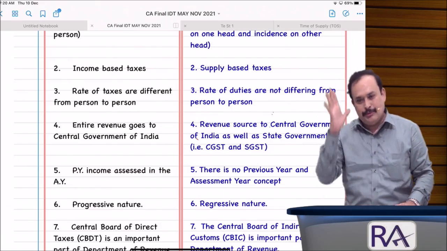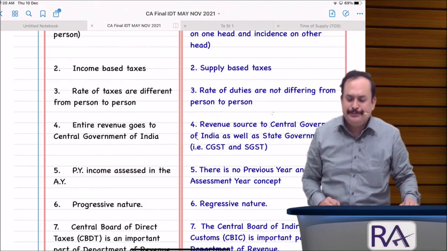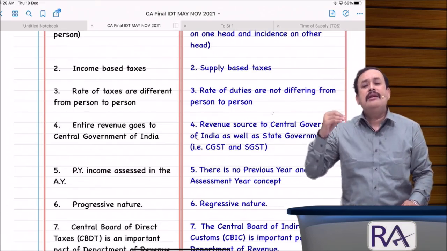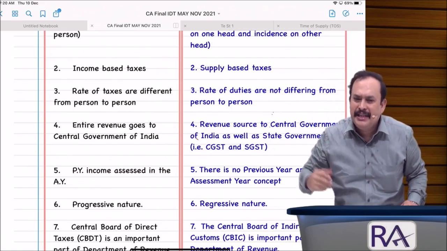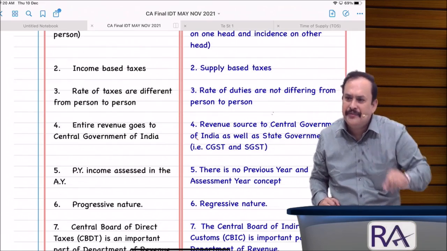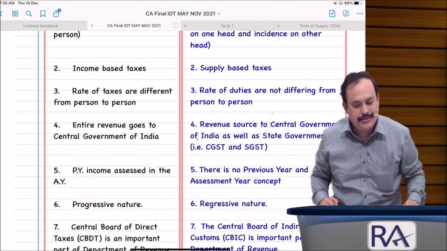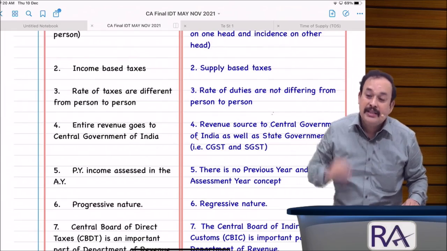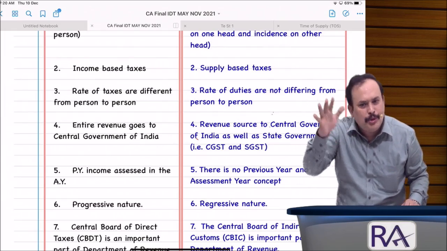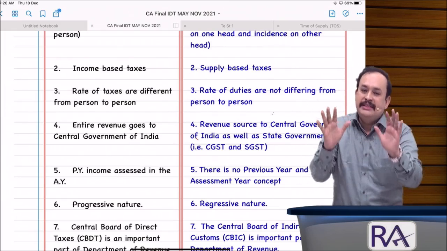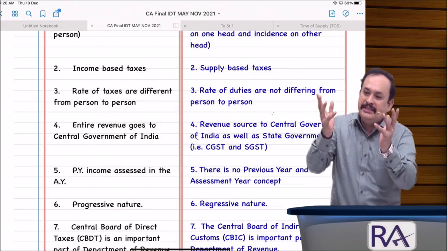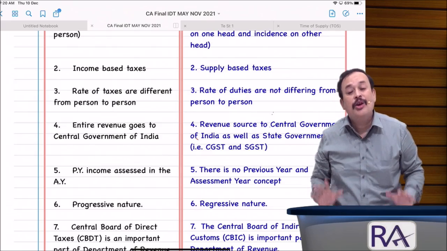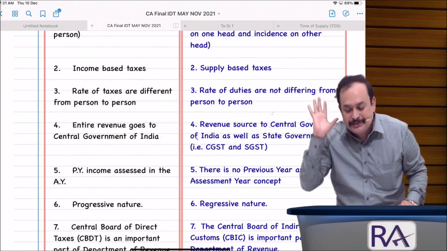With a simple example. Assume a scenario: Tata Consultancy Services, TCS, a big giant in the software industry, supplies services liable to pay GST: CGST 9%, SGST 9%, as a whole 18%.